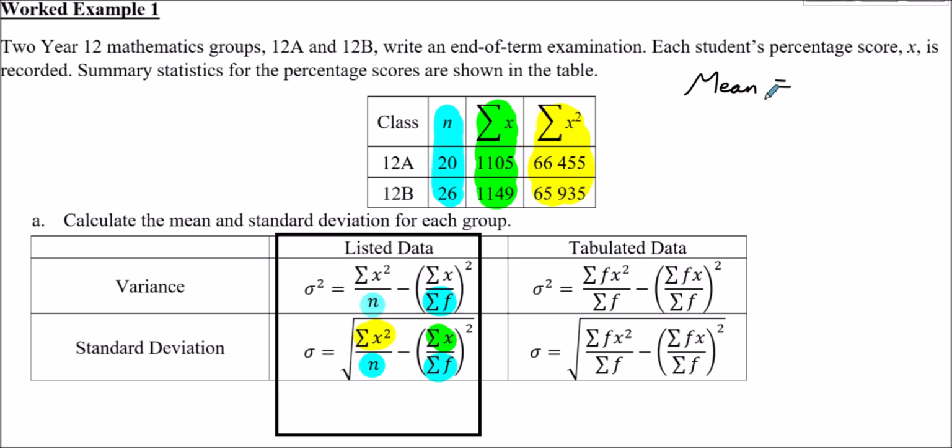Let's first of all work out the mean for 12A. That's going to be sigma x for 12A divided by n for 12A. Just looking at 12A, sigma x is 1105. Divide it by n, which is 20.